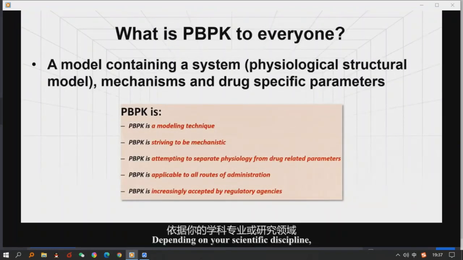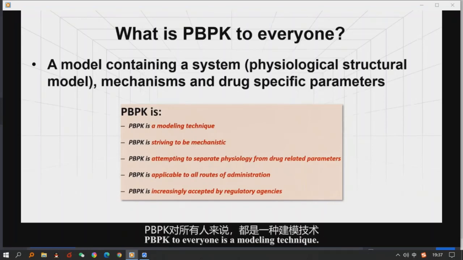So depending on your scientific discipline, you may think of different PBPK models, different diagrams, but there are common features between those models and diagrams. So what is PBPK to everyone? Well, PBPK is a model that contains a system, a physiological structural model. That model has mechanisms and drug-specific parameters.